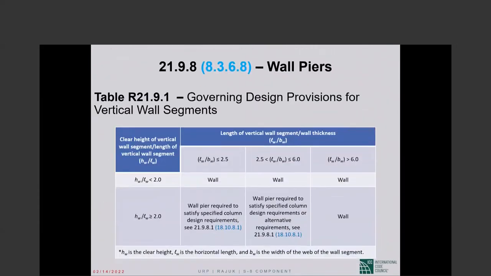The main thing I want to convey to you is summarized in this table that is in the commentary to ACI 318, table R21.9.1.